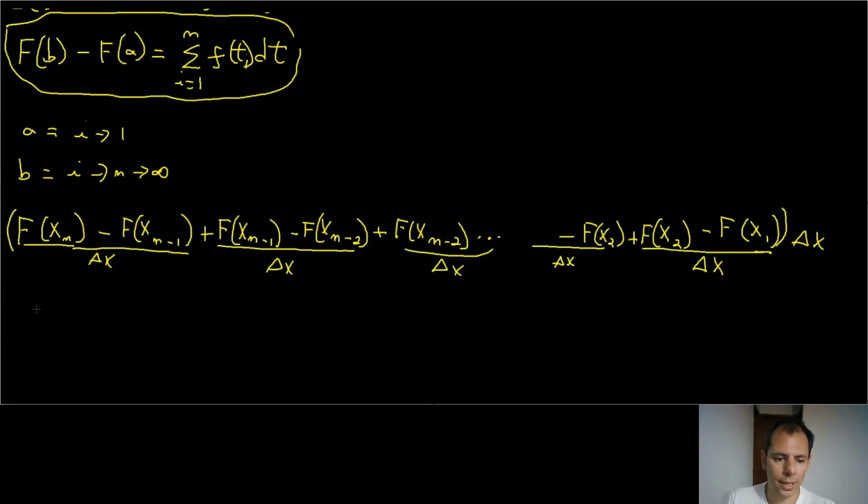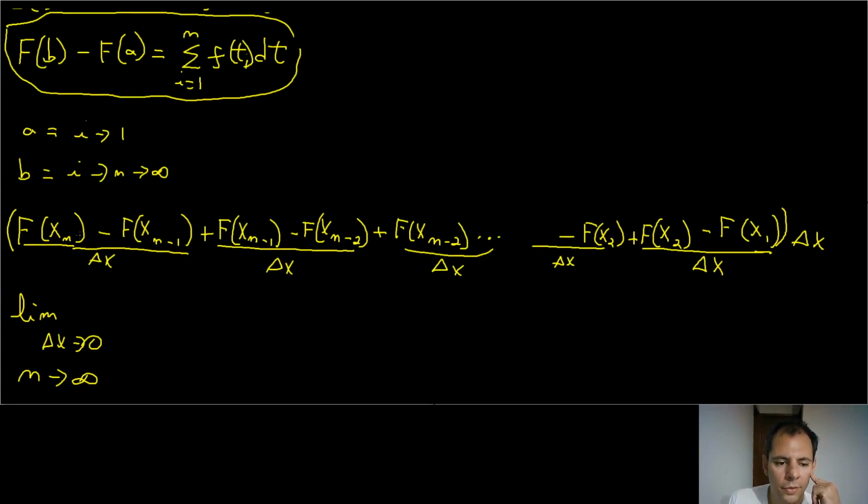Now what I can do is find the limit of all these things as delta x goes to 0. As delta x goes to 0, this n in here is going to grow to infinity, which is what we have here. Okay, so what is that? Look, you see what you have in here?